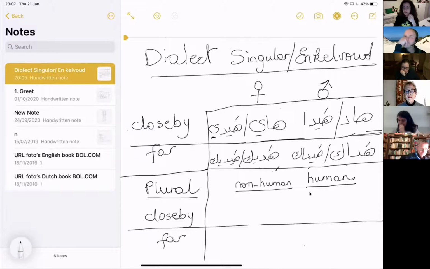Okay, the plural in dialect. Human. In dialect, the rule is not so strict with human, non-human. We can use the plural for both. It's very flexible in dialect.